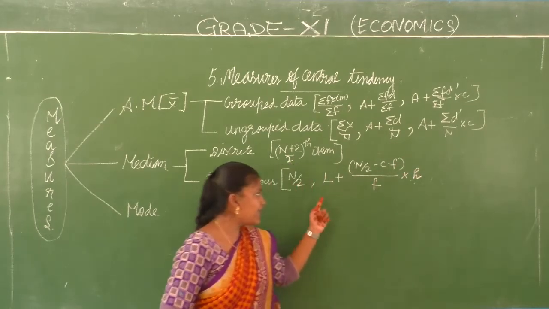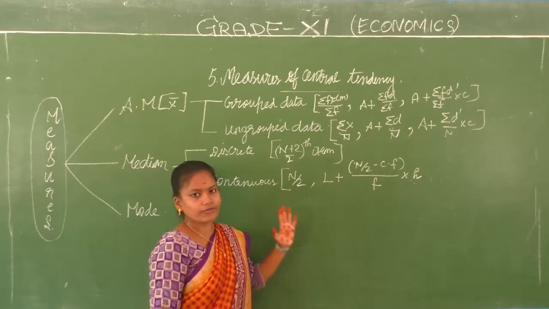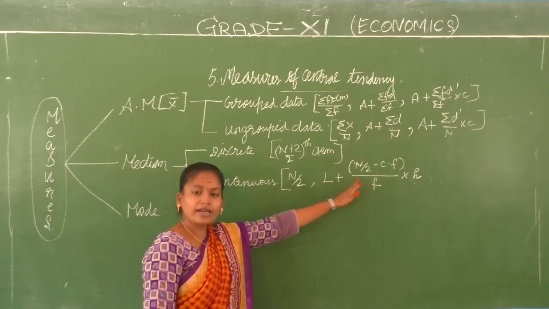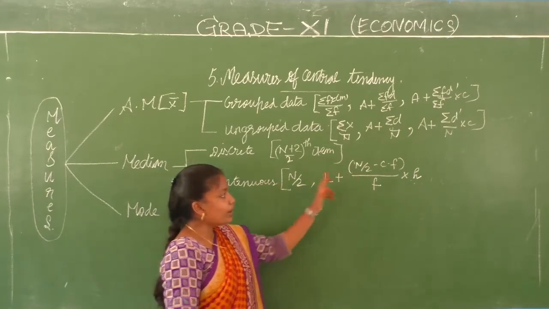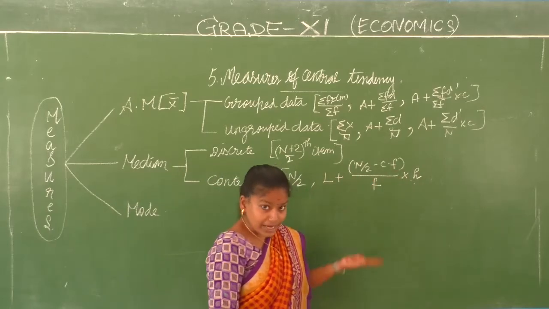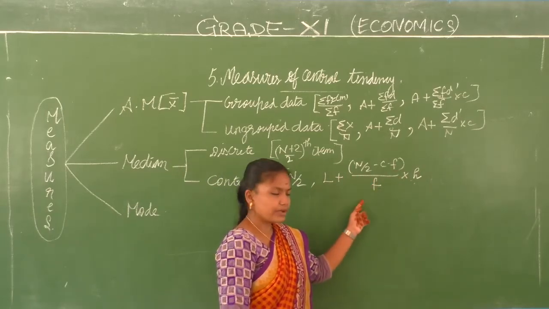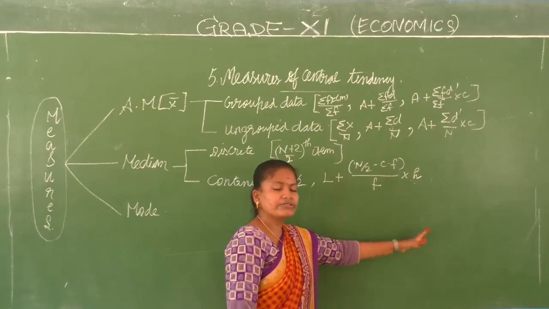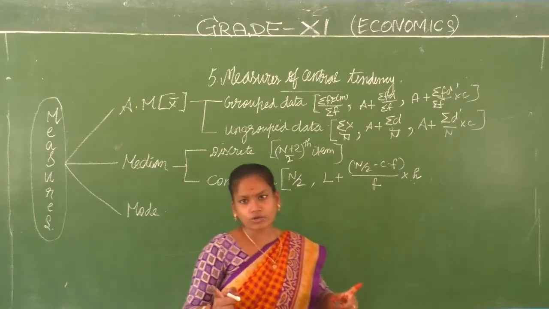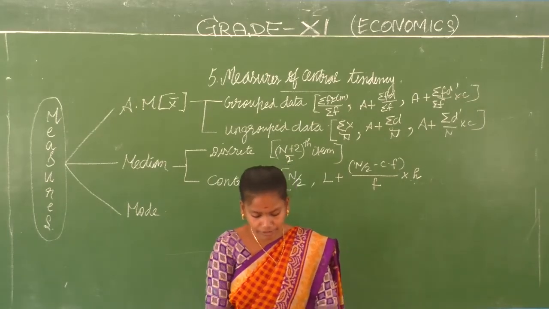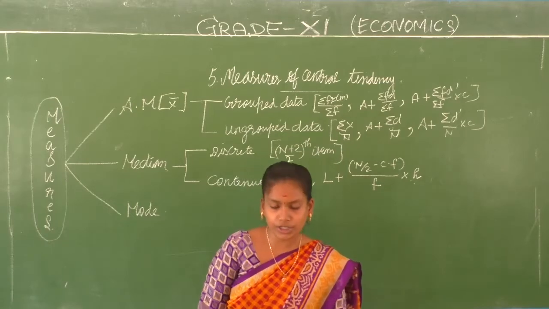So what was this L, children? The lower class limit of the median class, plus n by 2 which we have already found out, minus the cumulative frequency of the previous class, divided by the frequency of the median class, into the difference between the class limits of the median class. This is how we found the median for continuous series.